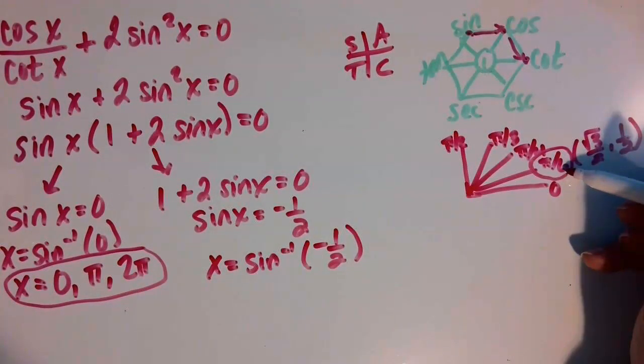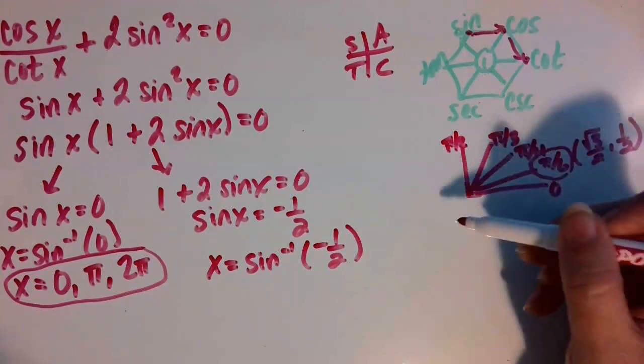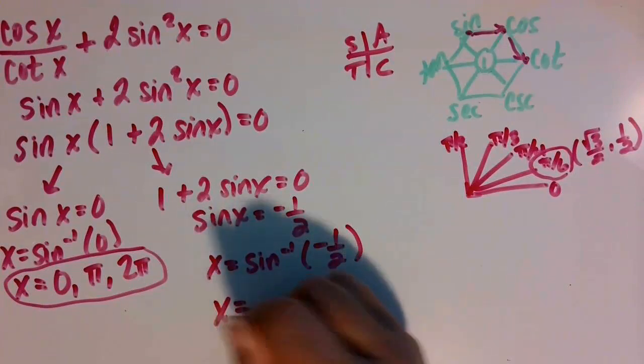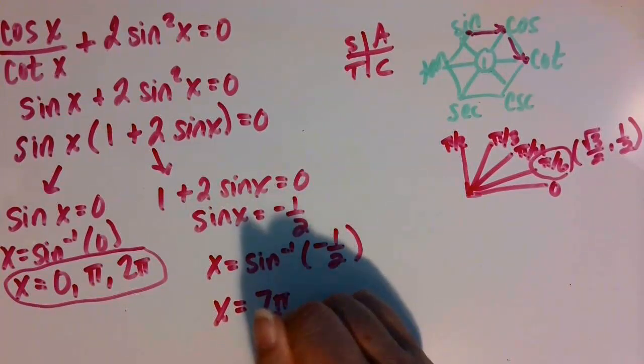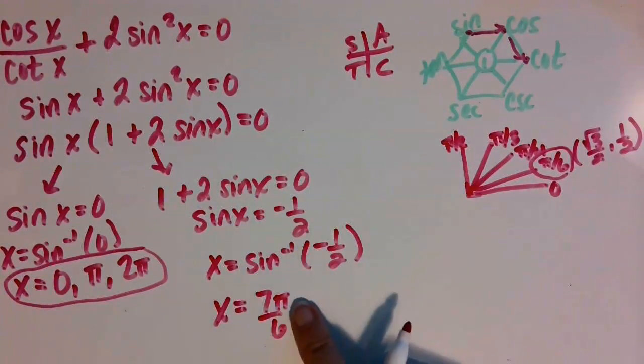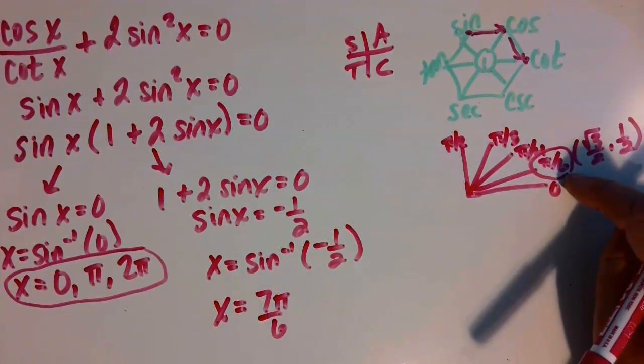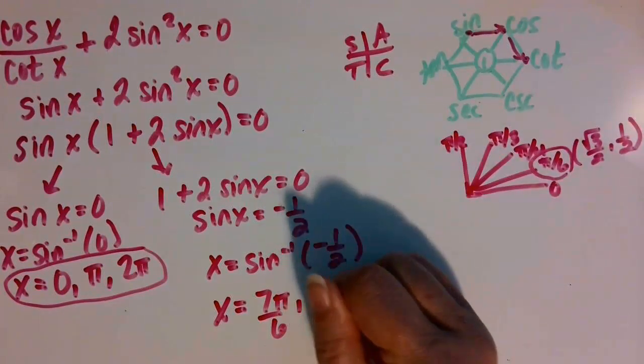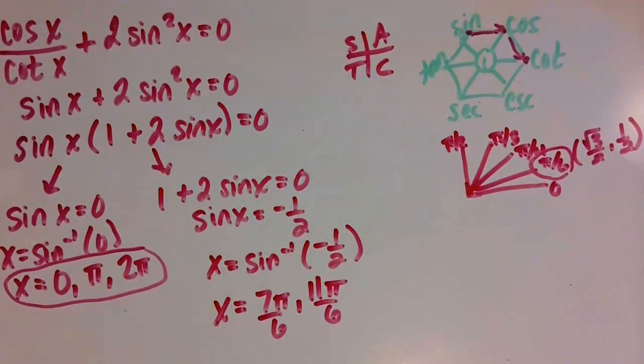So if we take pi over 6 and we reflect it into quadrant 3, that would be our solution of 7 pi over 6. That's our quadrant 3 answer. And then taking our reference angle pi over 6, reflecting it in quadrant 4, that would be 11 pi over 6. And that would be our fourth quadrant solution.